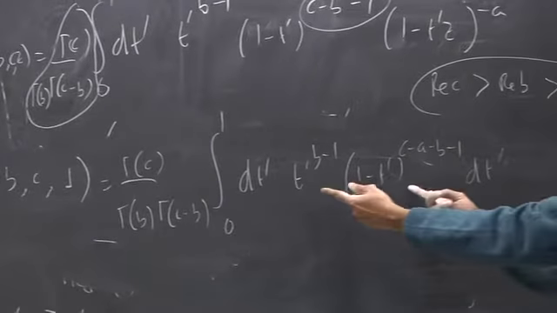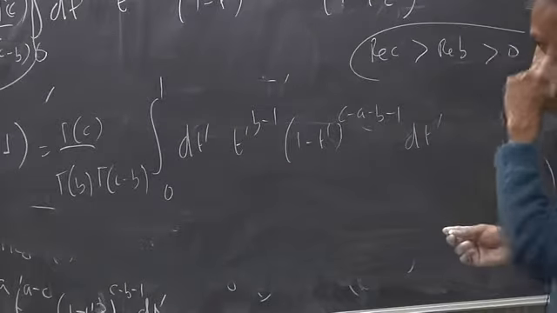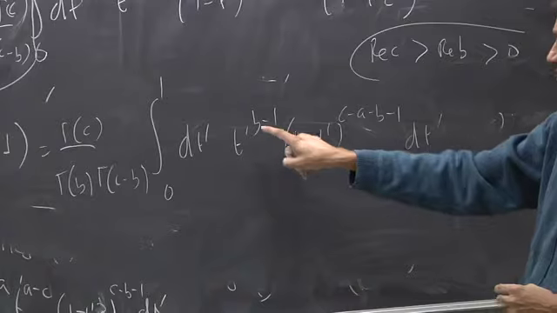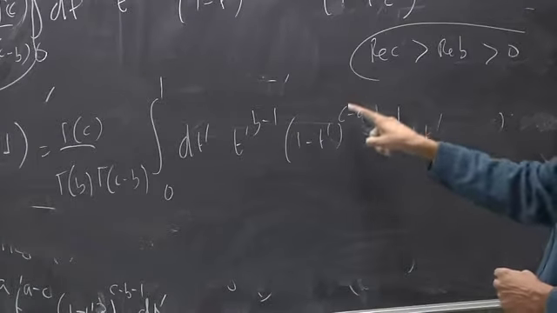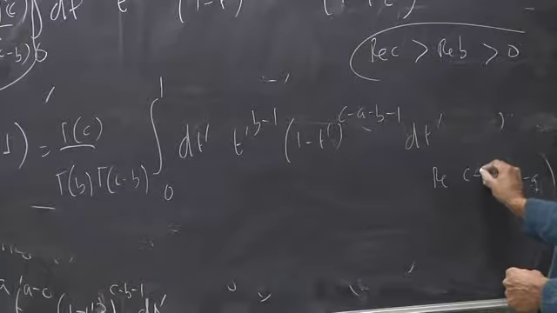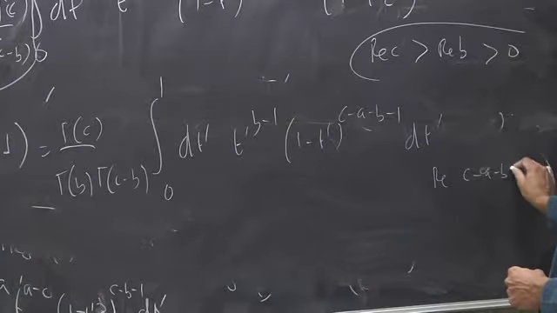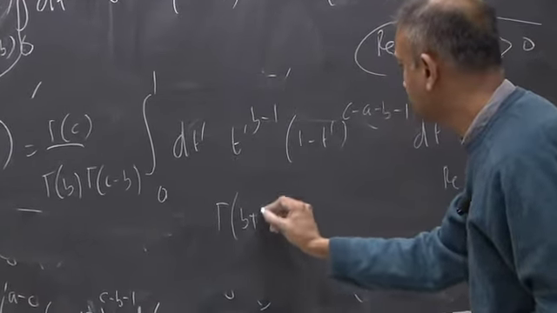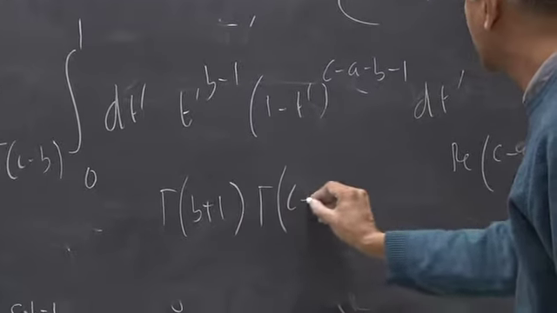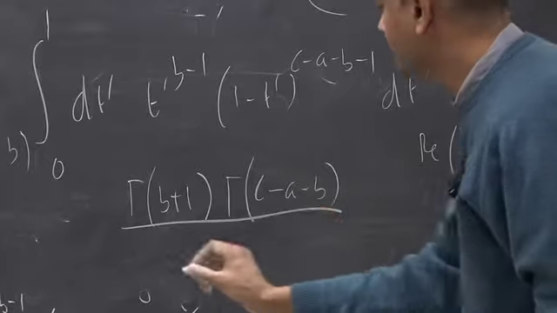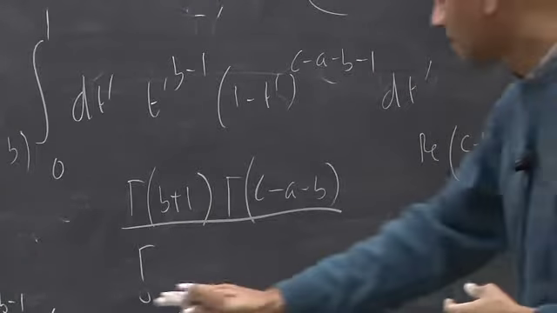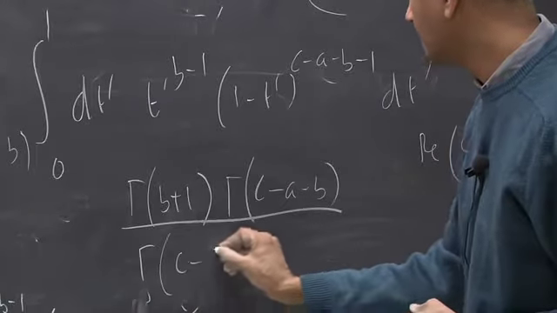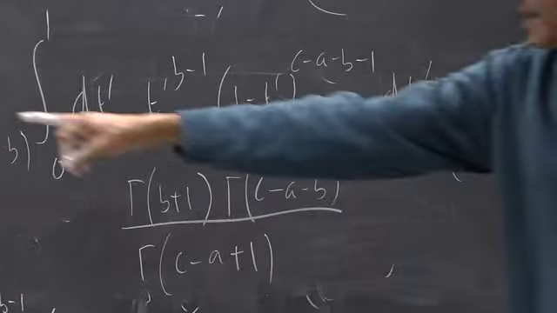Now again, this is a beta function, right? So you see that provided the real part of this is positive, and we already assumed the real part of b is positive, this tells me that if the real part of c minus a minus b is also positive, then this integral is simply gamma of b plus 1, gamma of c minus a minus b, divided by gamma of the sum of these two, where b cancels, so you get c minus a plus 1, times all that.